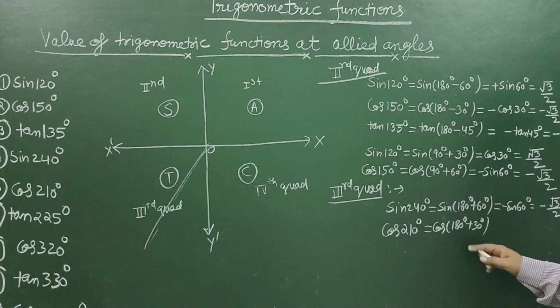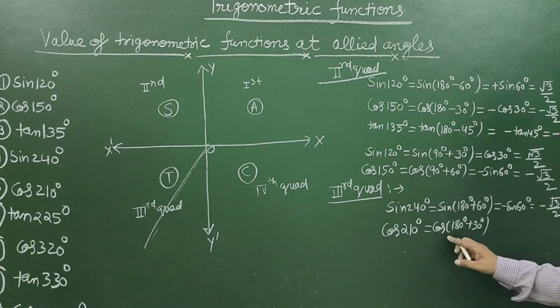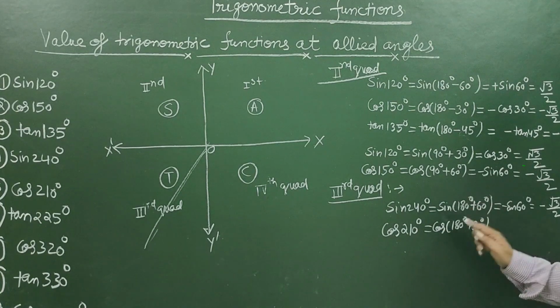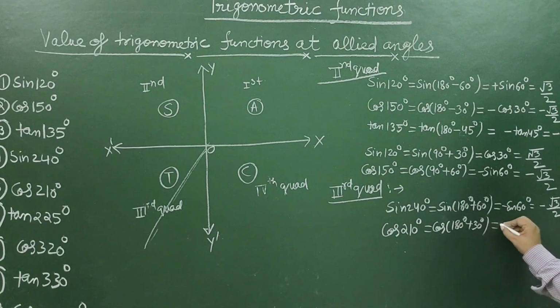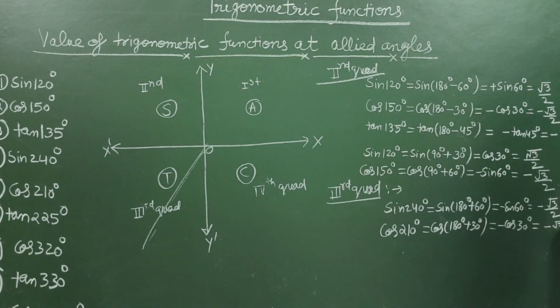In case of 180 degree, there is no change in the function. So cos will remain cos, and in the third quadrant cos is negative. So this is equal to minus cos 30 degree. And minus cos 30 means this value will be equal to minus root 3 upon 2.